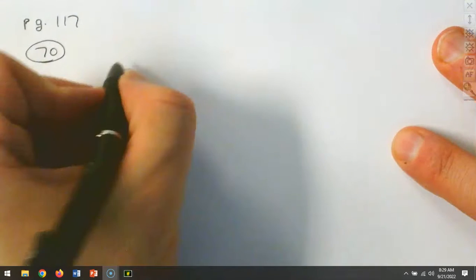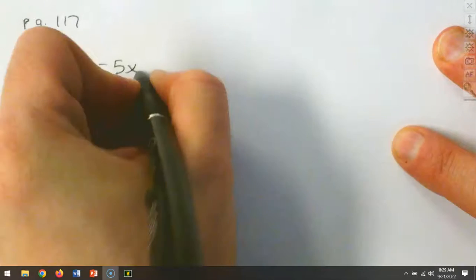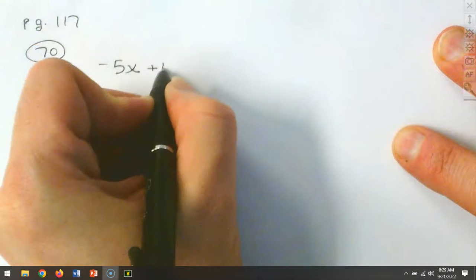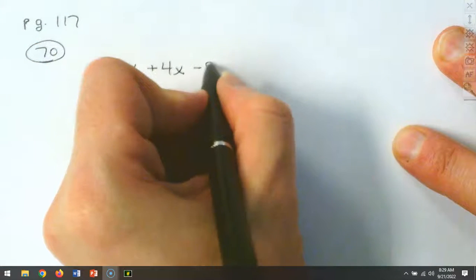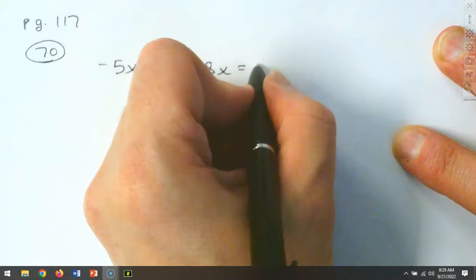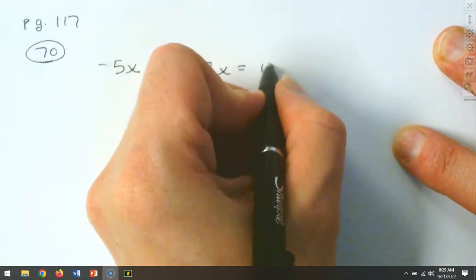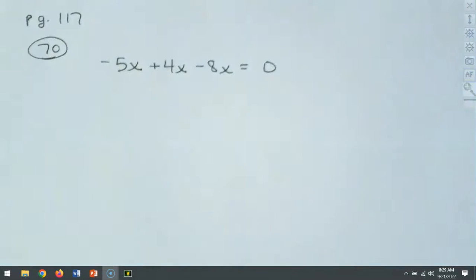And what we have is a minus 5x plus 4x minus 8x equals 0. So we need to solve this out.